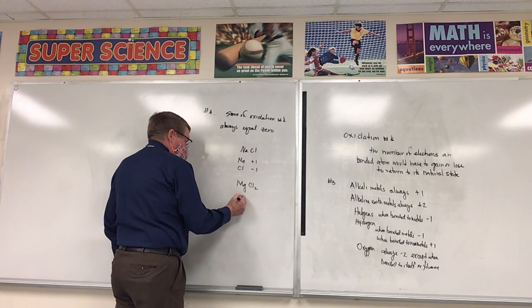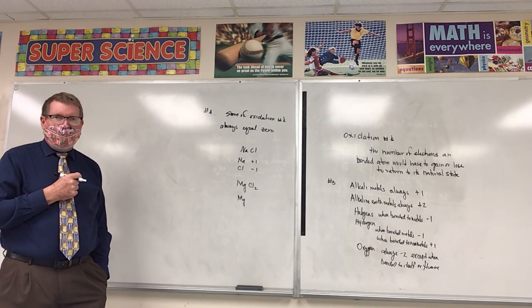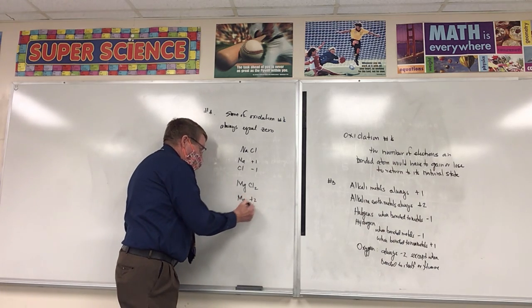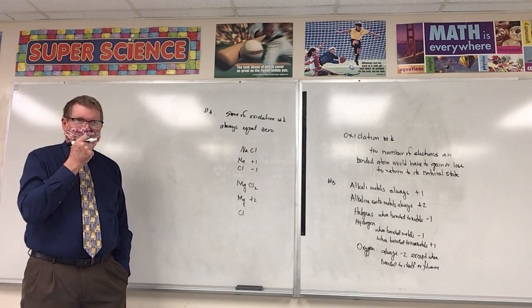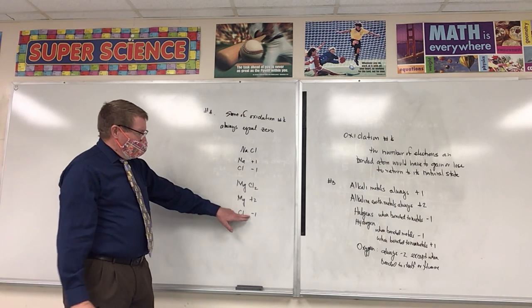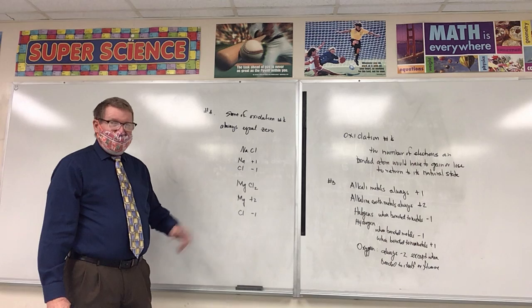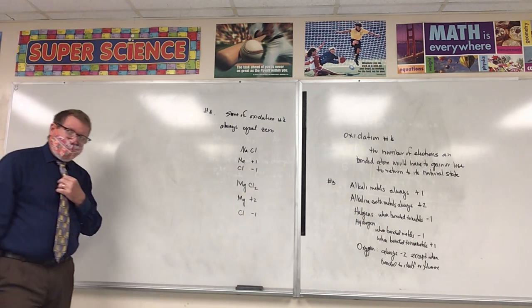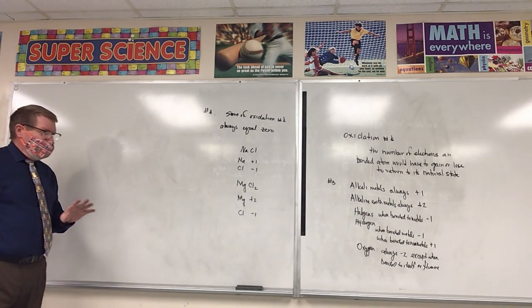Let's look at MgCl2. My Mg, which is the alkaline earth metal, has an oxidation number of +2. Chlorine, which is a halogen bonded to a metal, will have an oxidation number of -1. We have 2 of them, so that's -2 and +2 makes 0. Okay? So again, when I'm looking for oxidation numbers, I'm looking for the oxidation number of the single atom, not the group of atoms.